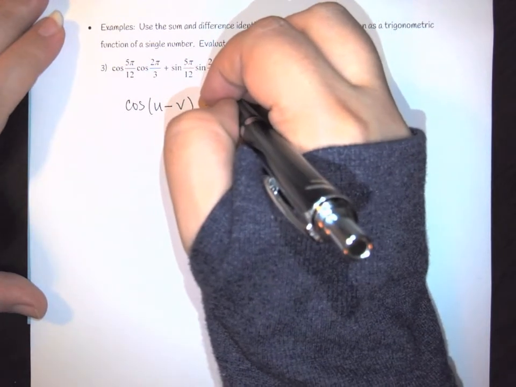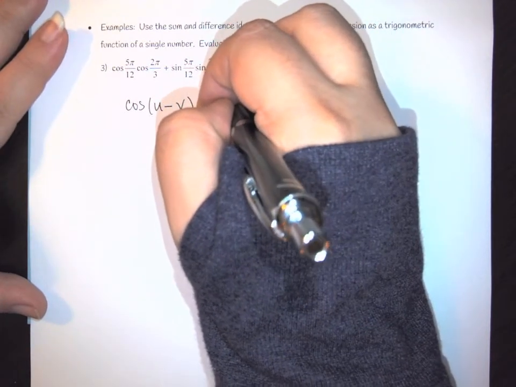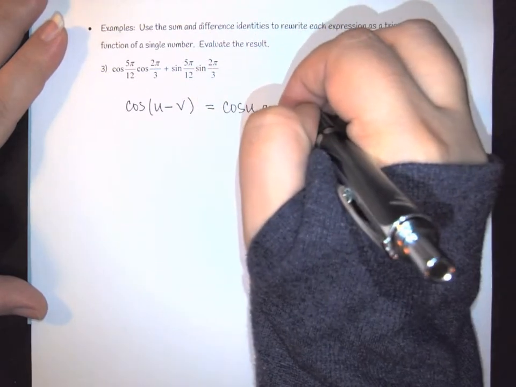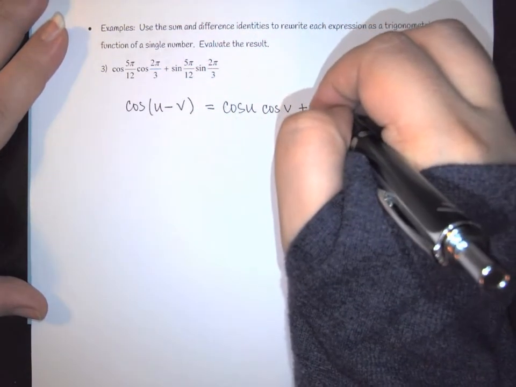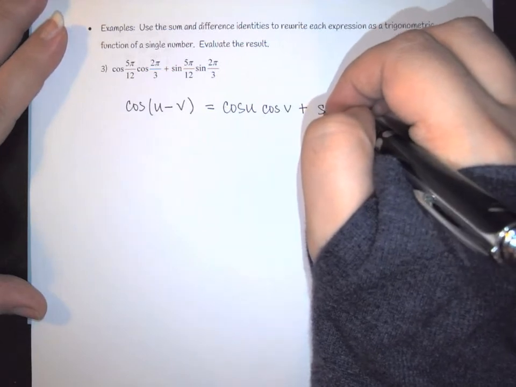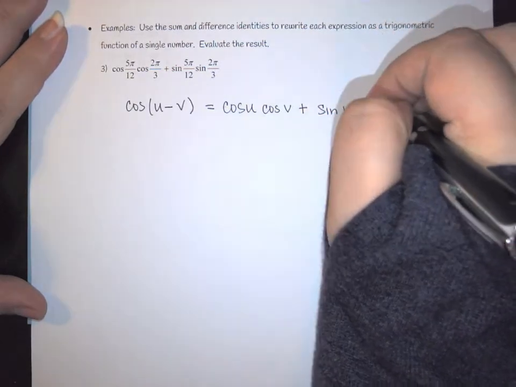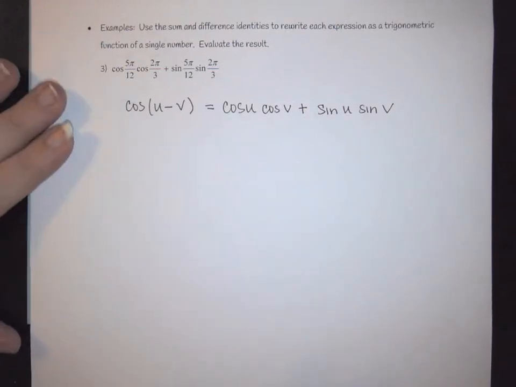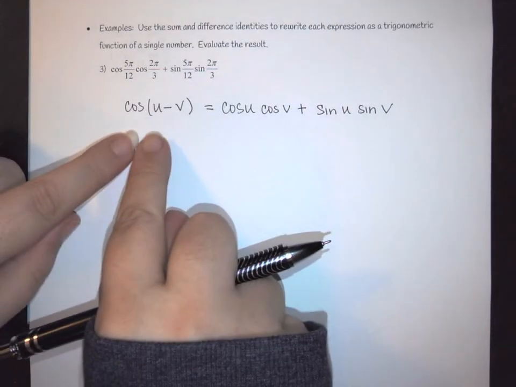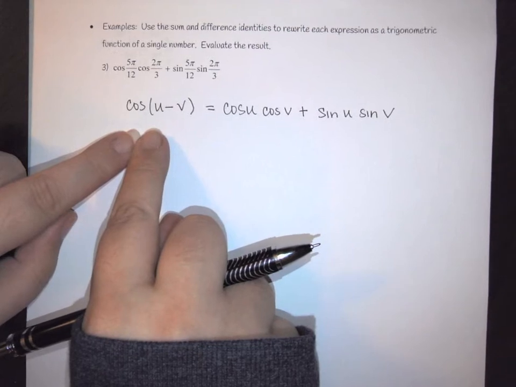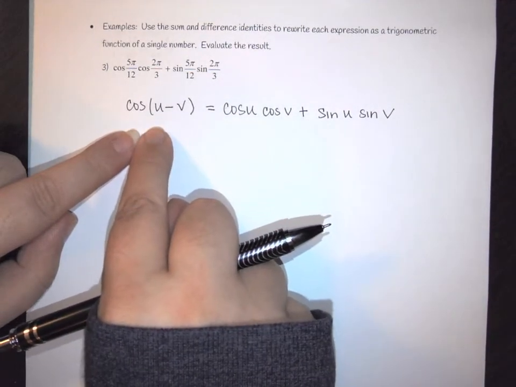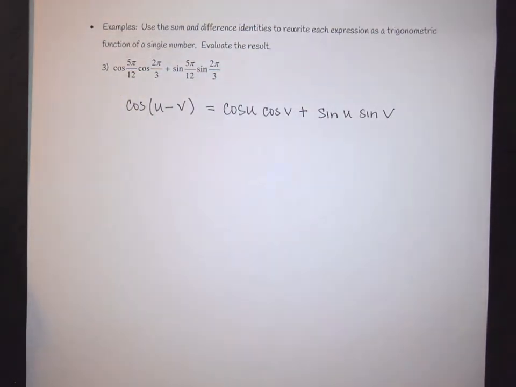which comes out to be the cosine of u, cosine of v, plus the sine of u, the sine of v. So once you identify which identity you're using based on this expanded part, we can also identify the u and v.